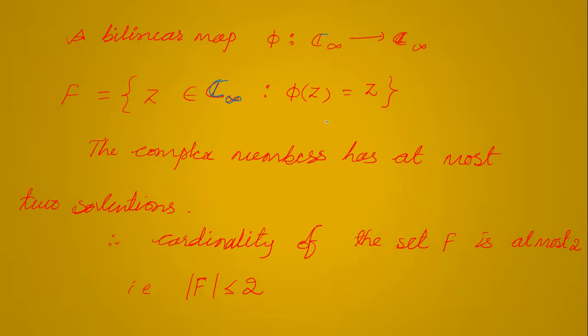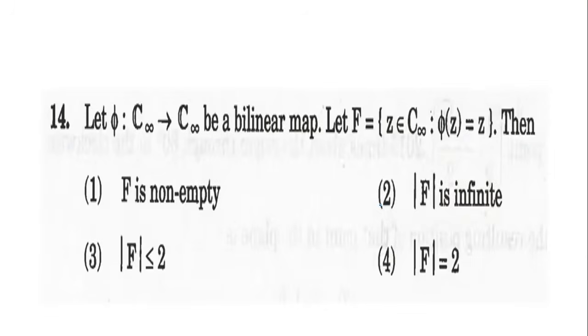The complex numbers have at most two solutions because they come in ordered pairs, z is equal to x plus iy. Therefore, cardinality of the set F is at most 2, that is, cardinality of F less than or equal to 2. Therefore, cardinality of F is 2. Simple question.